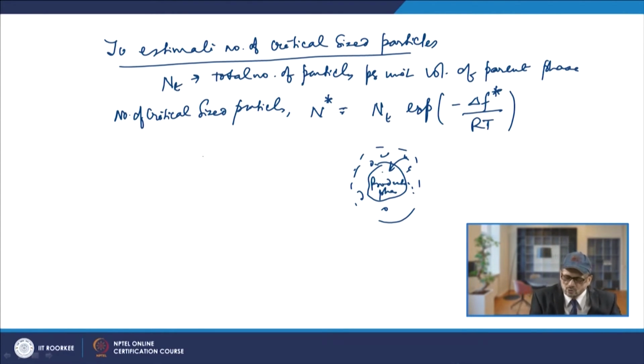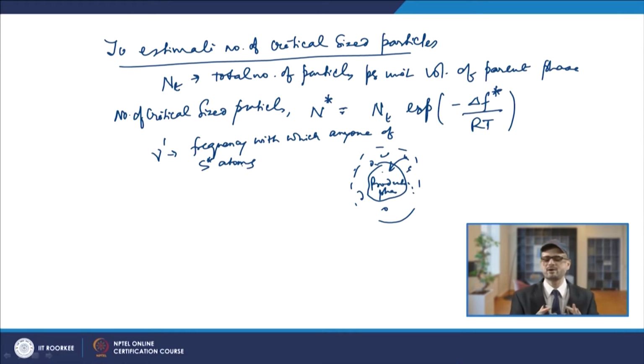So, if you take nu dash as the frequency with which any one of S star atoms can cross the interface and join the product phase, S star atoms are the number of atoms which are facing this interface in the parent phase towards the product phase.